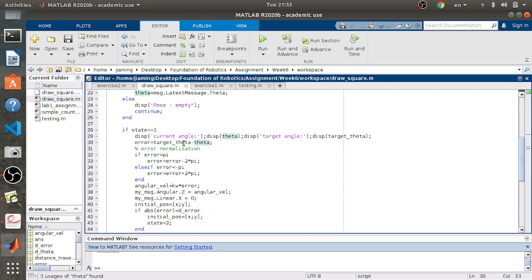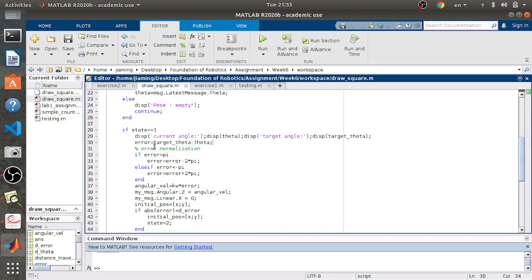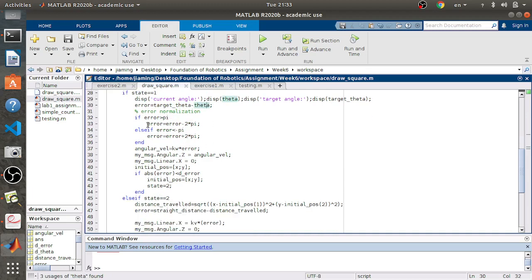I define the error here. The error is the target angle minus the current angle. So this is a normalization of the angle.